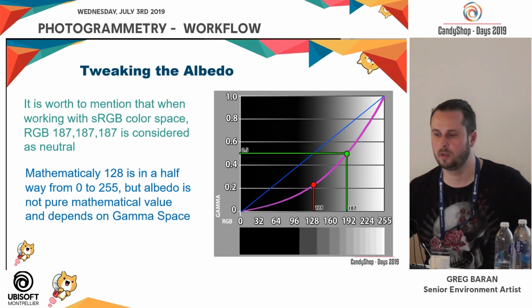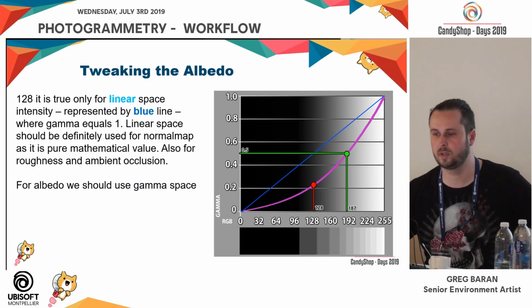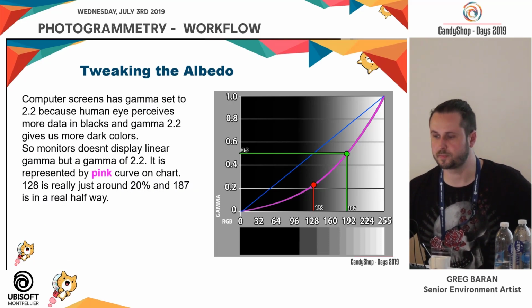It's higher, about 187, and it's something that has to be tweaked afterwards in Substance. And it's because we are using gamma space, not linear space.